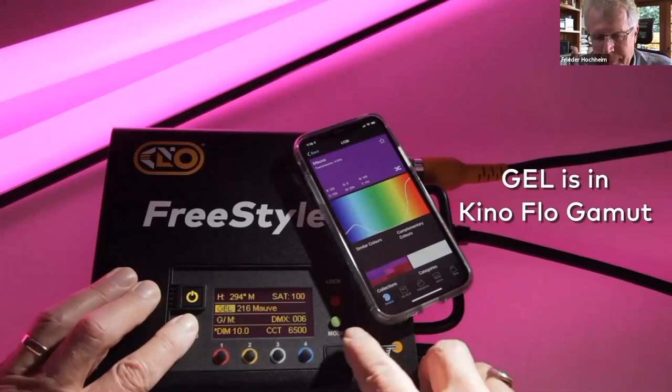But keep in mind, if this gets mastered in 709, you're only going to have that saturation level of what was illustrated in the 709 gamut. The Kino Flo gamut will show it more saturated. So the hue angle at 709 will be the same as the regular Kino gamut, but the saturation will be lower in 709.